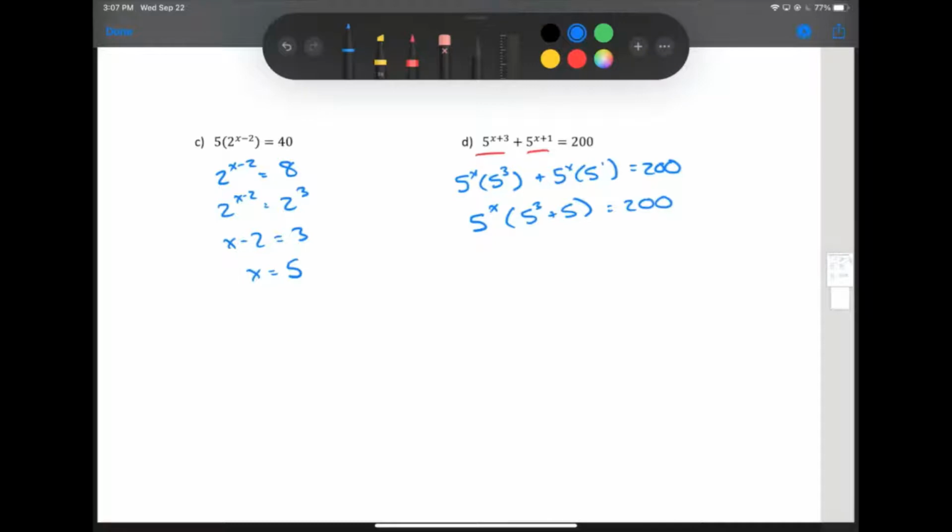And then inside the bracket there, 125 plus 5 is 130, equals 200. And now, unfortunately, this is not as pretty as I'd like it to be, but that's okay. We can do 5 to the x equals 200 over 130.